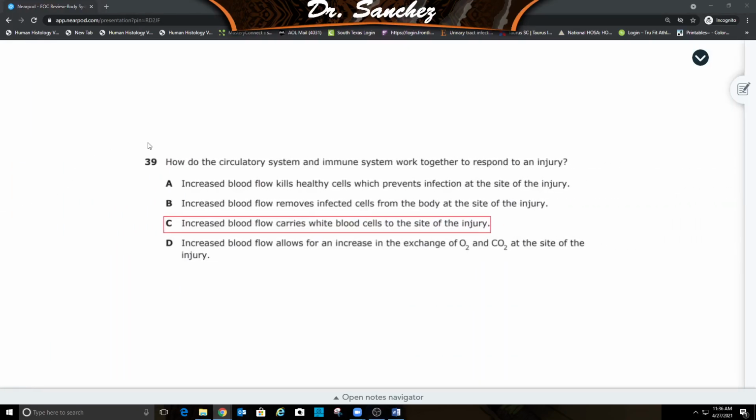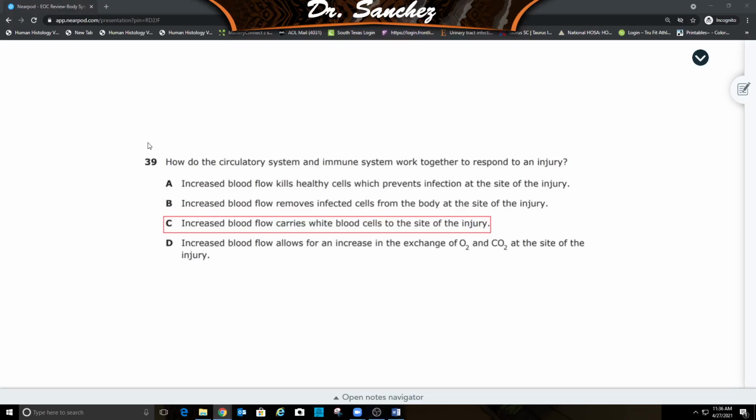So I do have one person that put increased blood flow kills healthy cells. We don't. Giving more blood flow to your body. In other words, just to give you an idea of what your train of thought is, whoever chose that: you're telling me that when I go run, my heart beats faster, right? So does that increase my circulatory system, the way it transports stuff? Yeah. So you're telling me when I go run, the fact that my circulatory system is pumping more blood everywhere, it's going to kill my healthy cells?